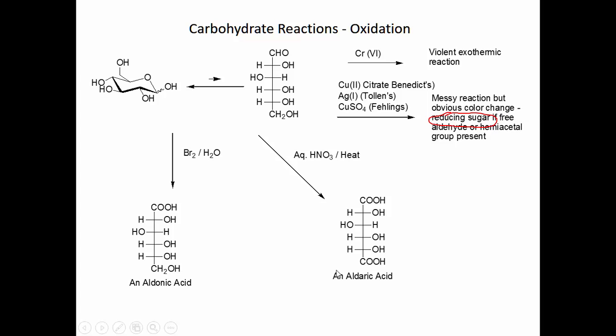Okay, so these are the selective clean oxidations that you can do on a carbohydrate molecule. Oxidize the aldehyde group to an acid with bromine water, or oxidize both the aldehyde group and the alcohol on the end to two carboxylic acid groups using nitric acid.